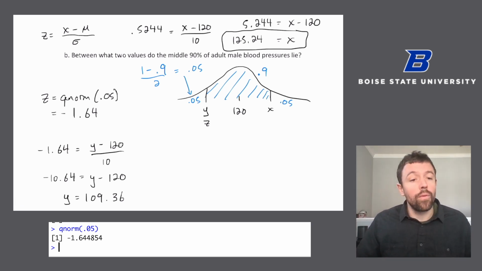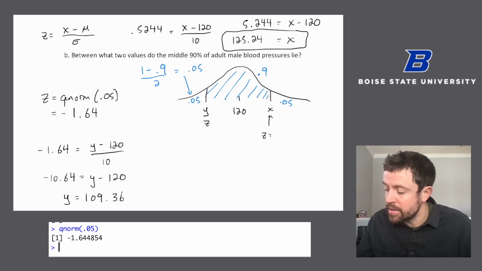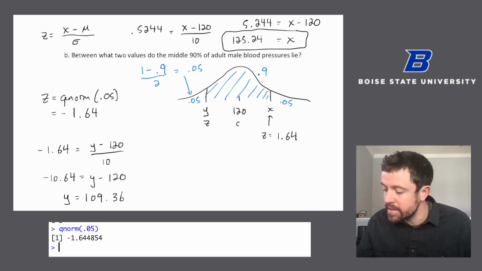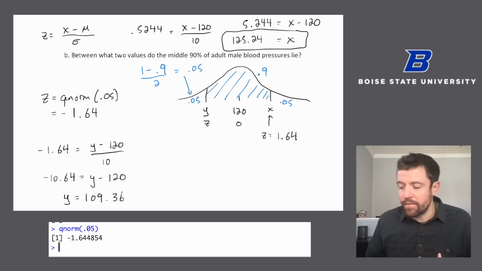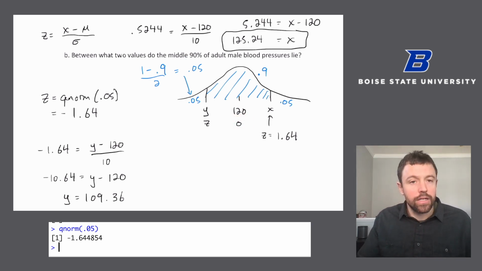And I could do the same thing with x, figure out the area to its left and so forth. But the z-score corresponding to x is going to just be 1.64, because we have this symmetry here. The middle is 0 when we're talking in terms of z-scores.